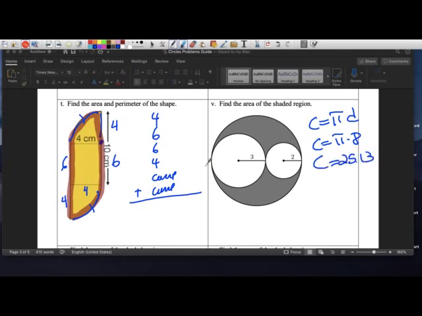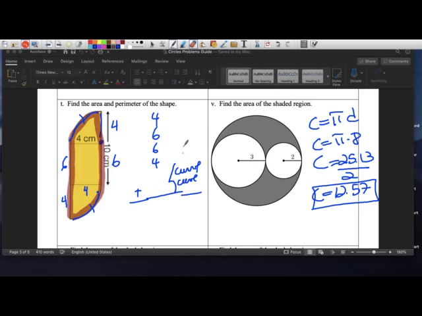If that was a full circle, we're going to divide that by 2, and we're going to get that C equals 12.57. So those two curves, I'm just going to put it on the side here, make half a circle, half the perimeter of a circle, which is 12.57. So let's add everything else. That's a 10 plus a 10, that's 20. 32.57 is my final answer for the perimeter.